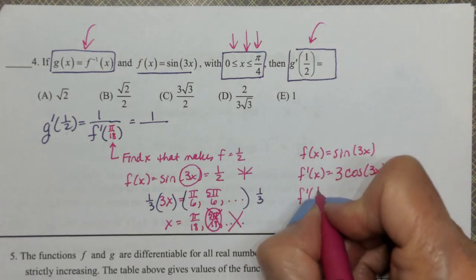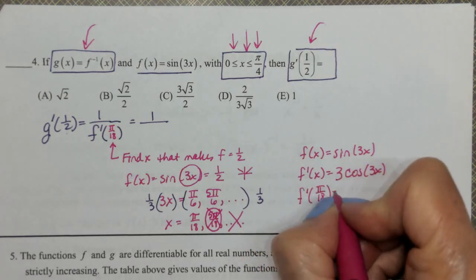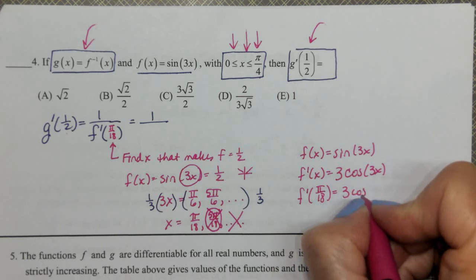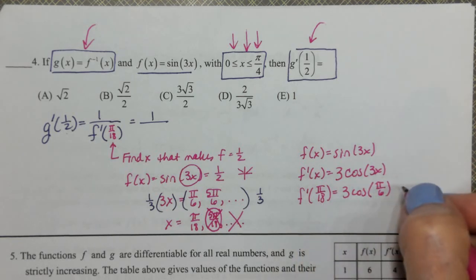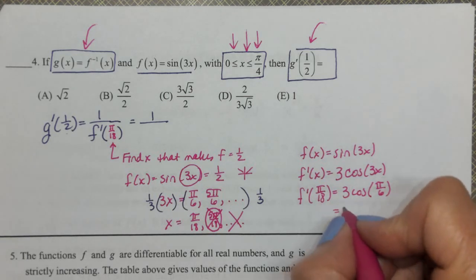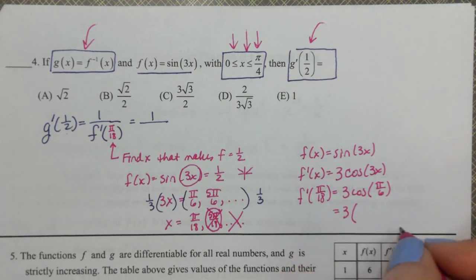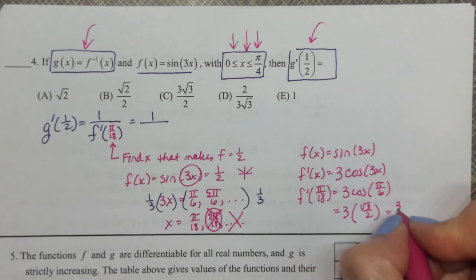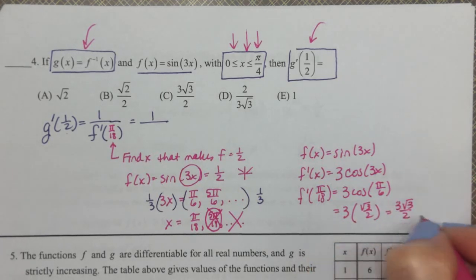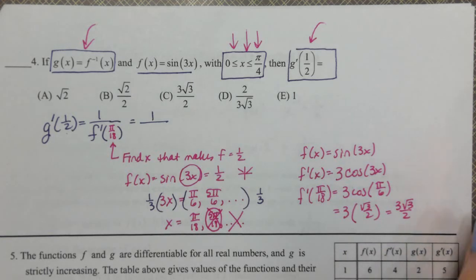So f prime at pi over 18 will be 3 cosine of pi over 6, which is 3 times the square root of 3 over 2. So this is 3 square root of 3 over 2. Okay?